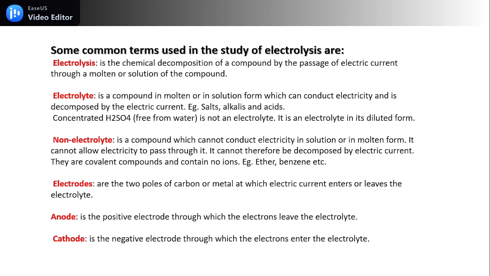So electrolysis is the chemical decomposition of a compound by the passage of electric current through a molten or solution of the compound. What it implies is that electric current is passed through a molten or solution of the compound, which makes the compound decompose.